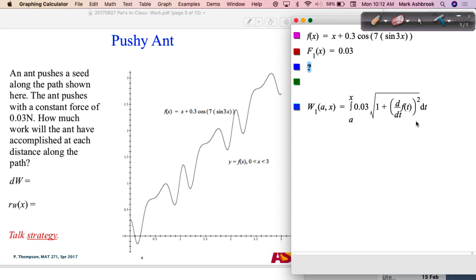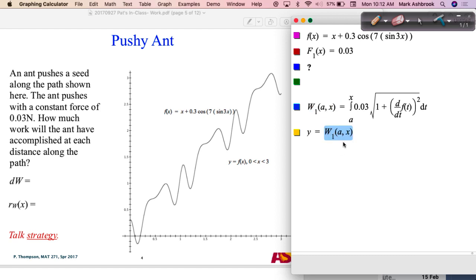So let's graph this. How do I graph this? Y equals. I want to assign to the y-axis. What do I want to assign to the y-axis? Capital F, little f, capital W. I want to put the work on the y-axis.